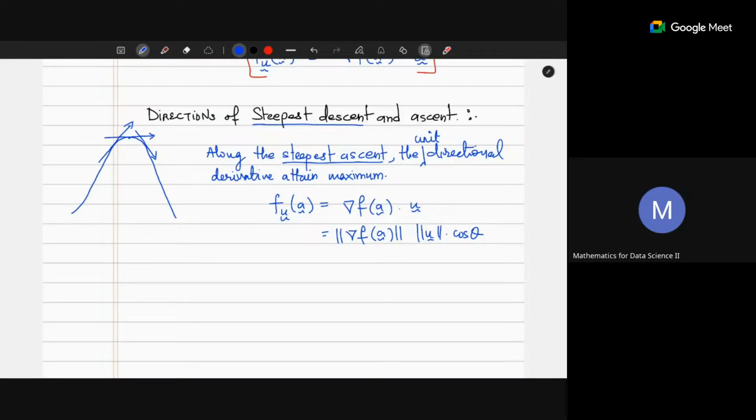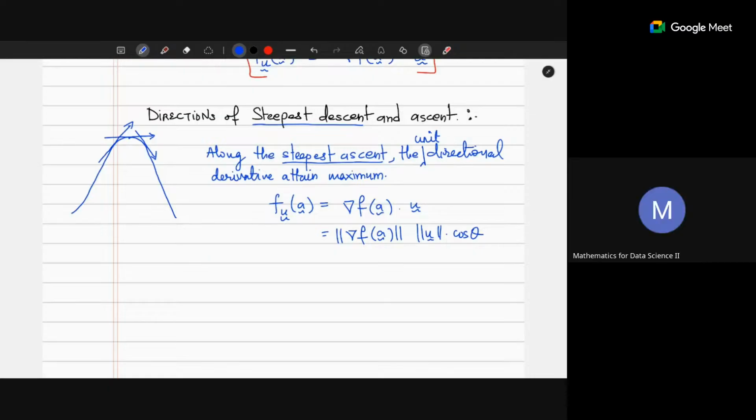Now, when does cos theta achieve its maximum? What's the maximum value of cos theta? Theta equals 0, when both are along each other.